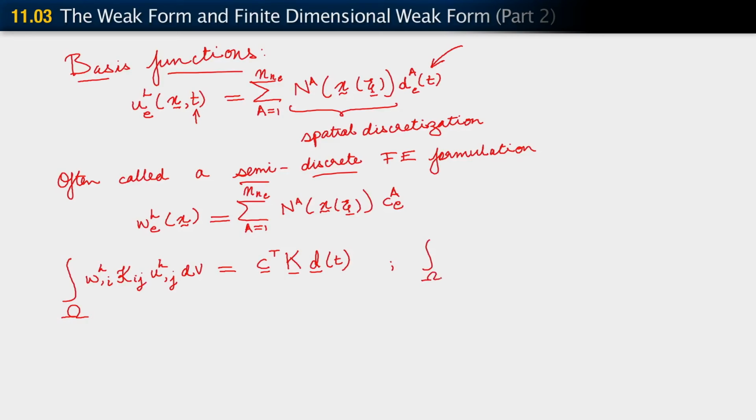Okay? All right? We have that. The integral over omega of wh f dv plus the integral over the Neumann boundary of wh jn ds is c transpose F, just as before, because here there is no time dependence in c.